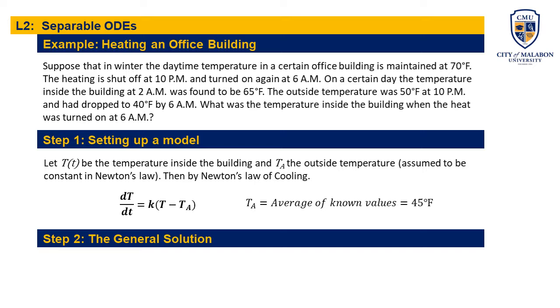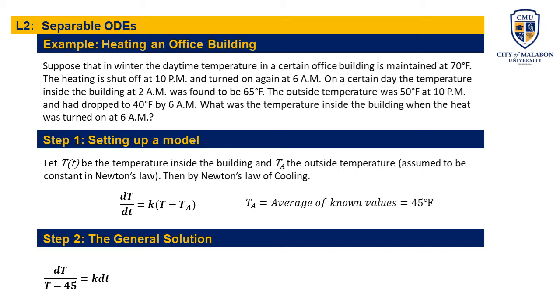So next step, we already have set up our model. We are now going to solve for the general solution. As we can see in our model, we have the function of temperature and then time at the left side of our equation. Meanwhile, at the right side, we have the temperature inside and then outside.